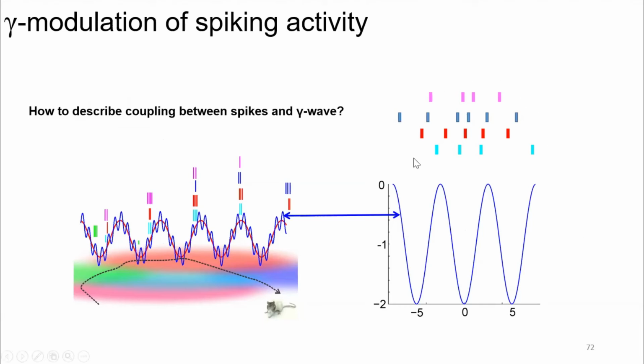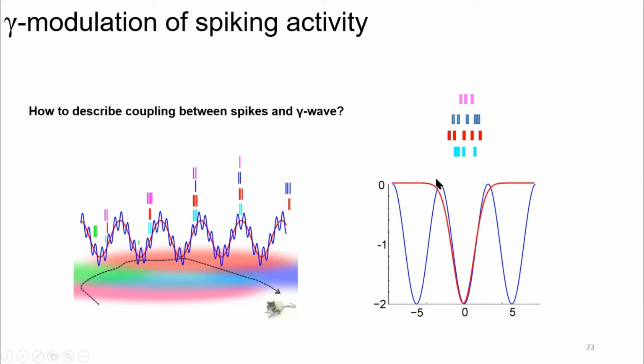This would be a loose coupling, and this is tight coupling, something like this. We need to find a way to do this. A simple association we can have is to think of these spikes as particles that are sitting over a potential well, U of x, think of it as a potential.